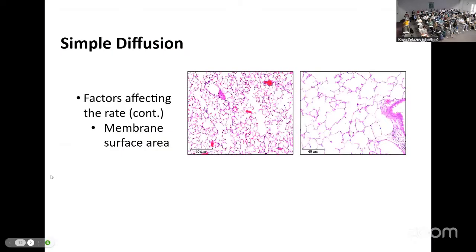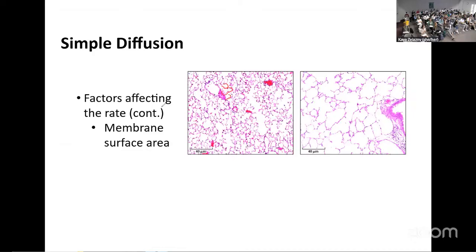Here we see an example of surface area and how it can affect the gradient. So in this case, we're looking at, I think maybe some lung tissue, looks like to me. Should have labeled it, right? But you can see how this tissue has a lot of surface area, right? So a lot of space where you can cross this membrane.